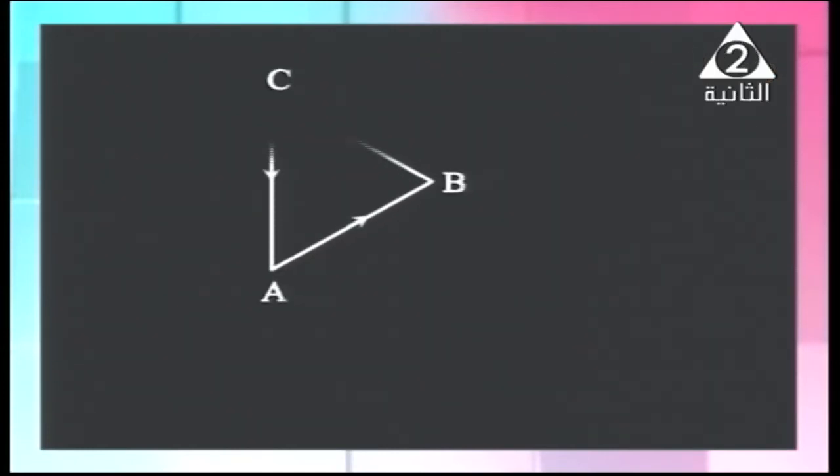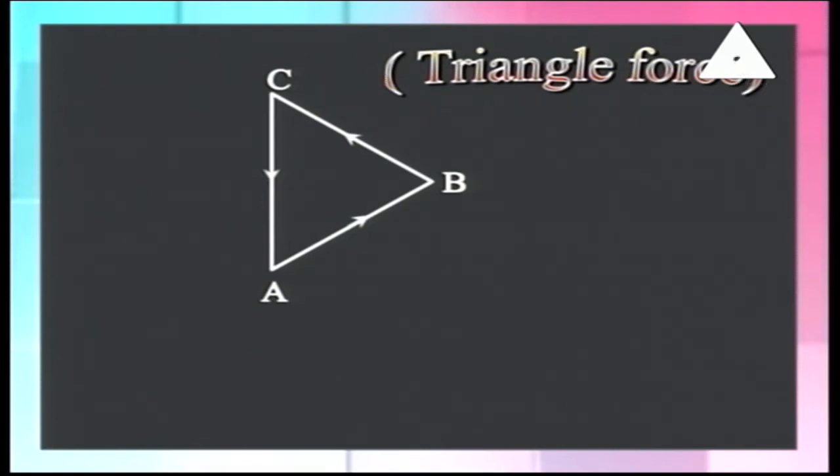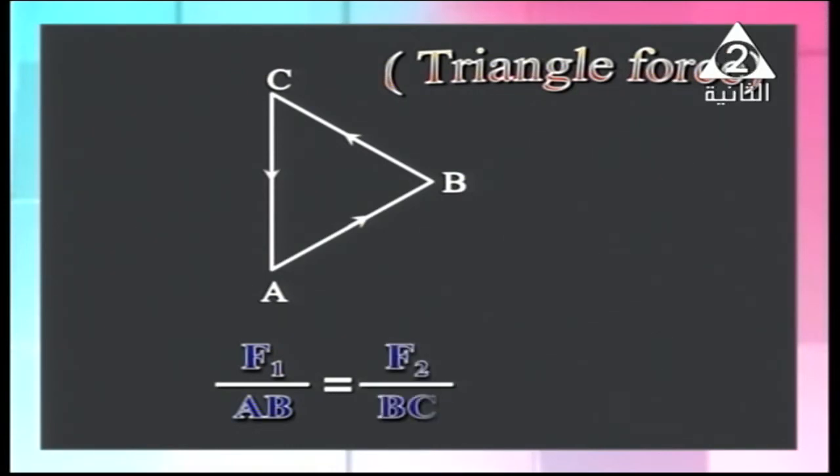Look, my dear student, the triangle of forces. What do you mean by the triangle of forces? If we have three forces acting on a body in cyclic order, AB for F1, BC for F2, CA for F3, what do we deduce?